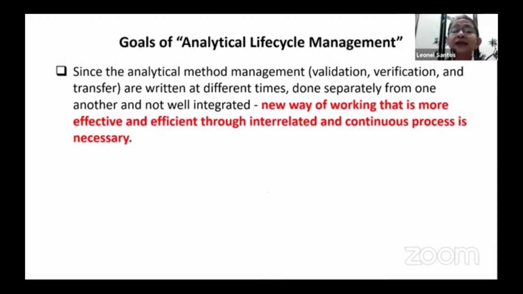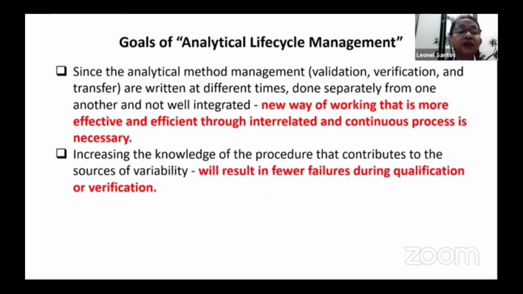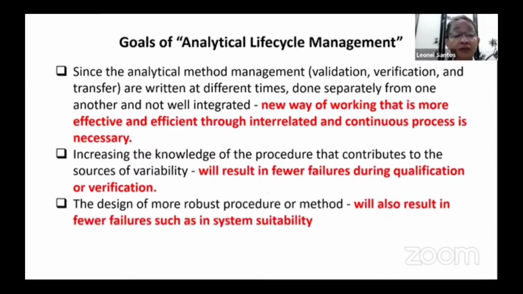So therefore, there's a new way of working that has been proposed, which is this General Chapter 1220, that is more effective and efficient through an interrelated and continuous process. Also, increasing the knowledge of the procedure that contributes to the different sources of variability for a method will result in fewer failures during qualification or verification.